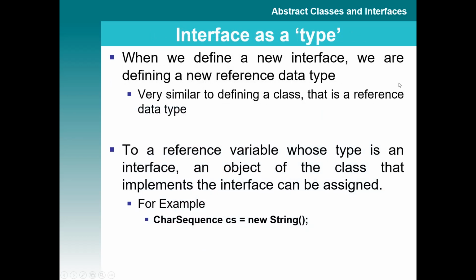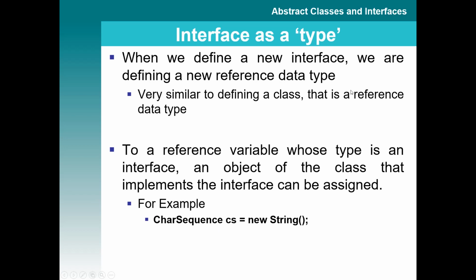When you define an interface, you are actually defining a new reference data type. It's very similar to defining a class, but it just happens to be an interface. Just like you can create a reference of a class, you can create a reference of an interface. For example, here we're creating a reference of the interface type, CharSequence cs. The left-hand side is a reference.